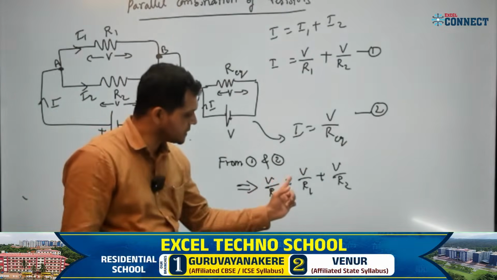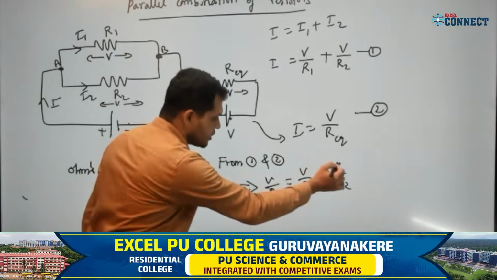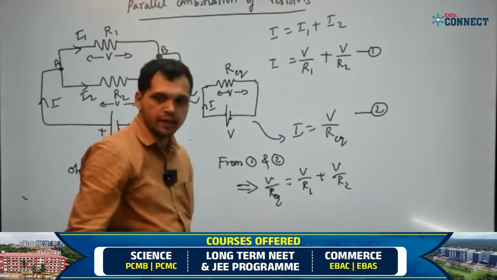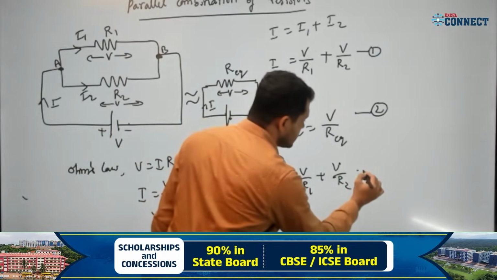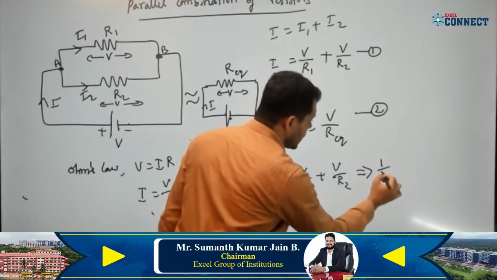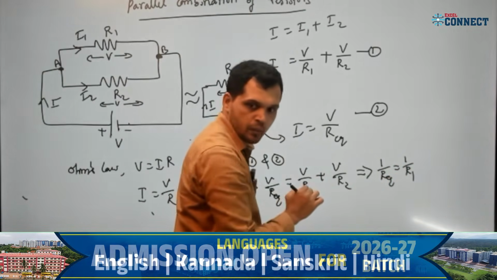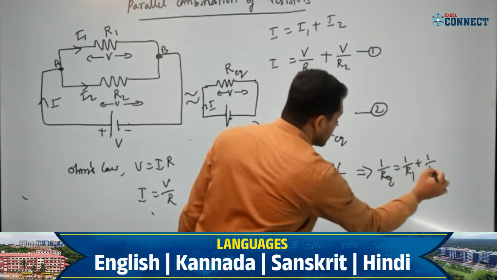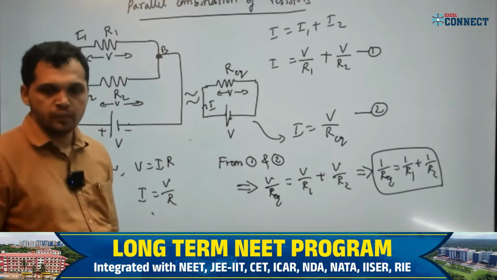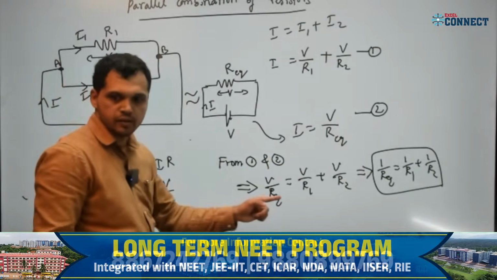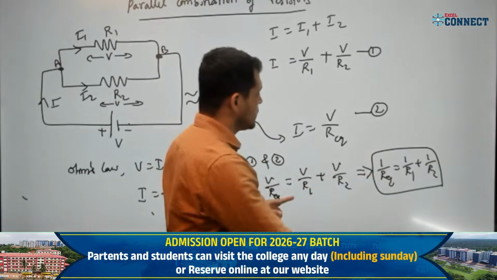Now look at the numerator here: V. This V I can cancel throughout. Then what is remaining? 1 by R equivalent is equal to 1 by R1 plus 1 by R2. This is the equivalent resistance. Or we can simplify that by taking LCM.